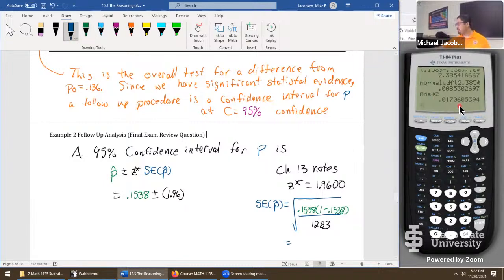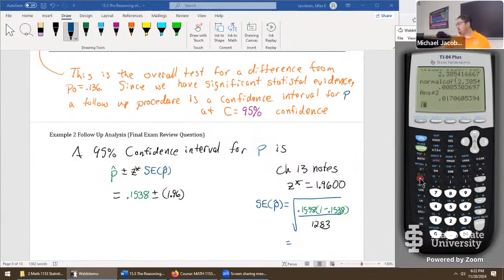So all this gets jammed into the calculator. Let's give this another try. In the all-in-one approach, hit the second power 2 button, type in 0.1538. Then 1 minus the same figure. Then immediately hit division by 1283. And we have, this is a standard error, 0.0101 if you're rounding to 4 places.